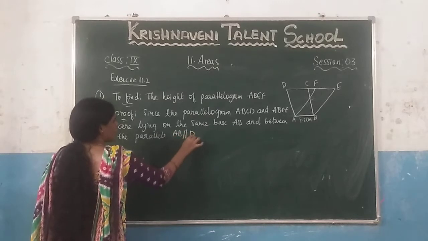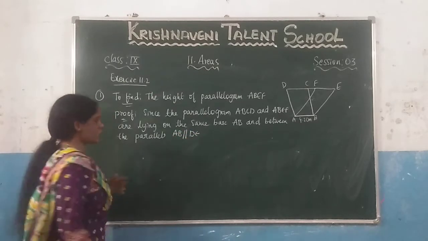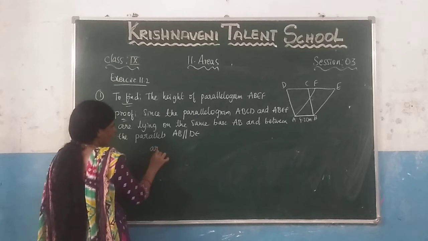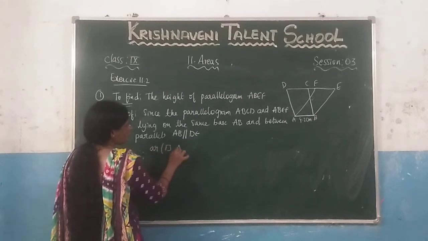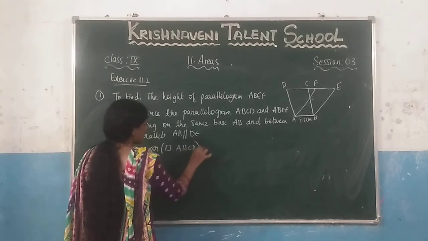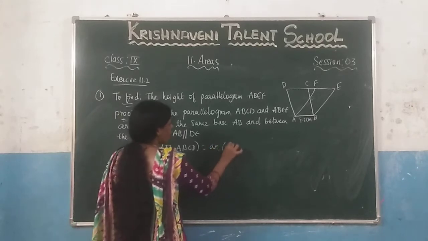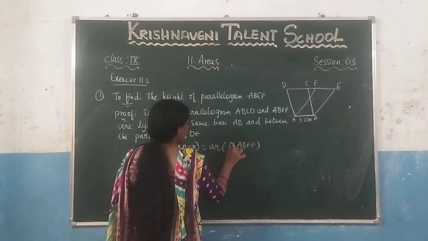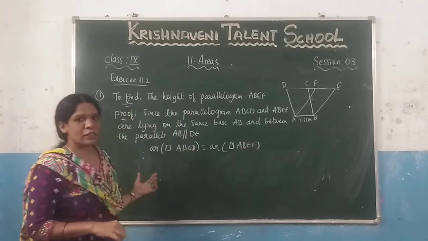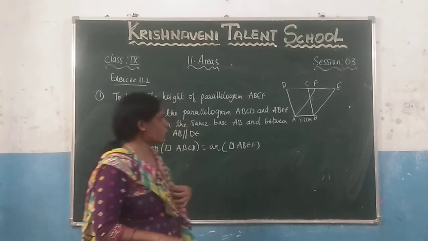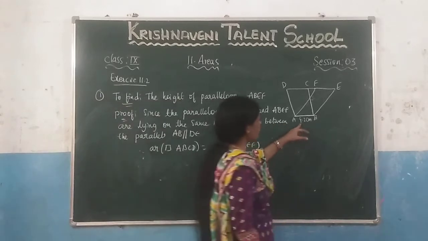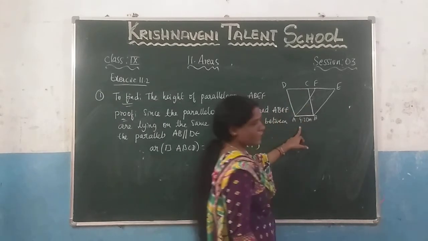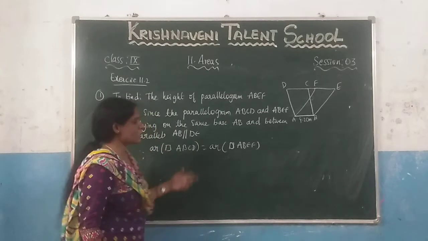AB is parallel to DE, right? So we can say that therefore the area of the parallelogram ABCD is equal to the area of the parallelogram ABEF. Clearly you can observe, based on the theorem, since these two parallelograms are lying on the same base AB and between the same parallels AB and DE, we can say that their areas are equal.